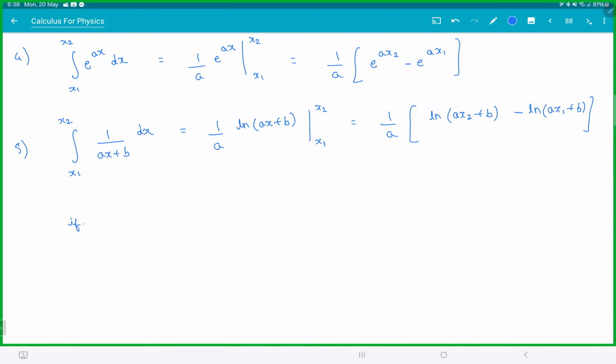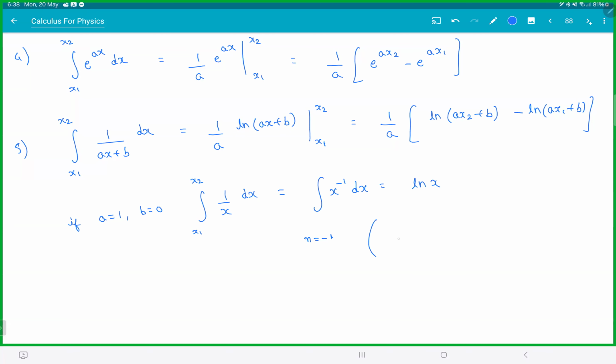Now here, if a is equal to 1 and b is equal to 0, this becomes 1 by x. This is ln x. Remember that formula for n equal to minus 1? So here, this is actually integral x power minus 1 dx. This is n is equal to minus 1.